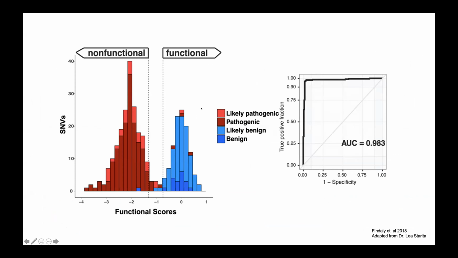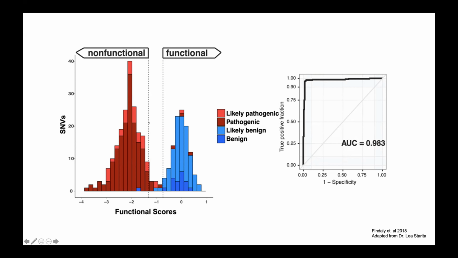Additionally, I talked about how we want to see how our SGE data compares to actual known clinical data. And so here is the bimodal distribution from the 2018 BRCA1 paper, where all the known SNVs from ClinVar for BRCA1 were mapped to this bimodal distribution using their SGE functional score.